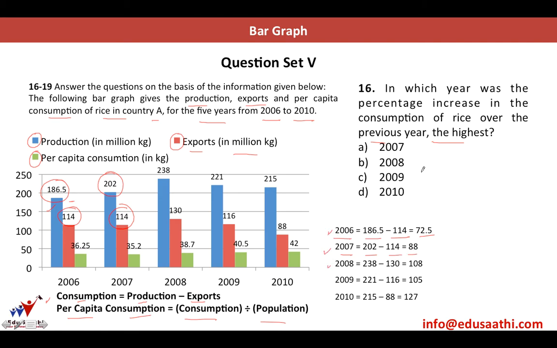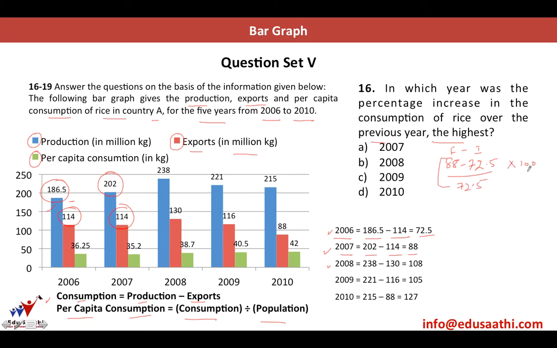But what we have to calculate is the growth rate, the increase in the consumption. As we discussed the formula in the basics lecture of DI, the percentage change for 2007 would be 88 minus 72.5. So this is the final value minus the initial value, divided by the initial value, which is 72.5, and then we multiply this by 100.